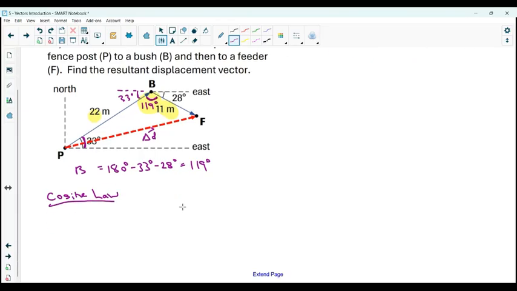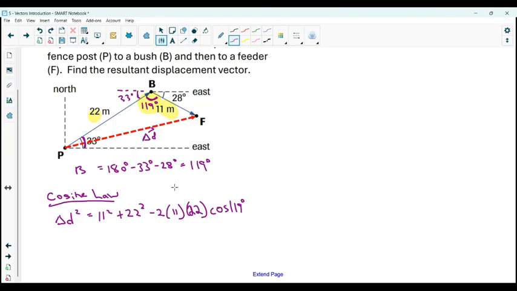Cosine law is going to be set up like this. The big side we're trying to find squared is going to equal one of the other sides squared plus the third side squared minus 2 times that one times, that should be a 22, times the cosine of the angle, 119 degrees.